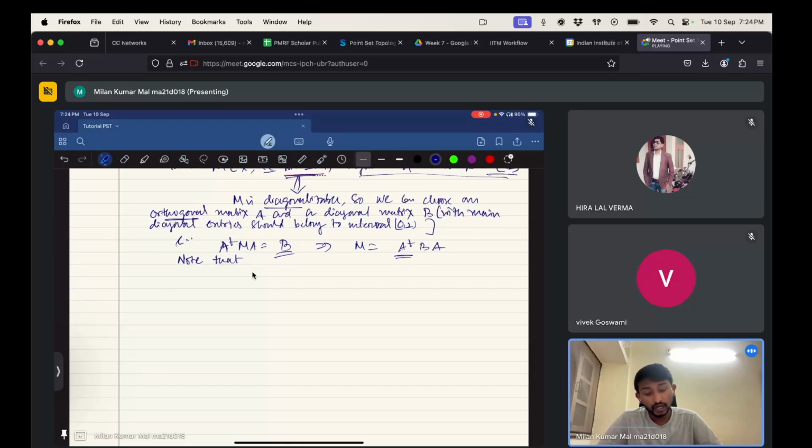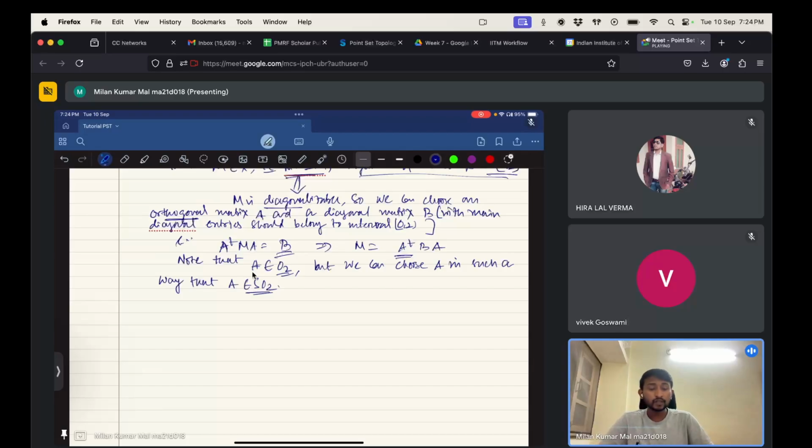First fact is that A is an orthogonal matrix, but we can choose A in such a way that A belongs to SO2.